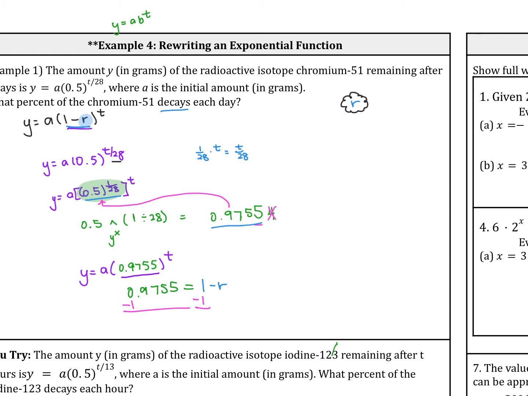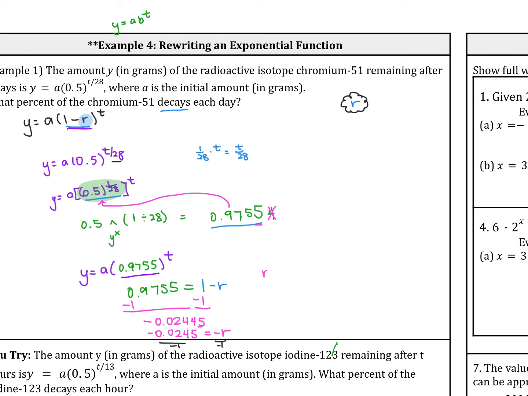If you have it in your calculator, subtract 1 and then equals, and you'll get negative 0.02445. Going to four decimal places, the next digit is a 5, so we round up to 0.0245. That equals negative R, so divide by negative 1.